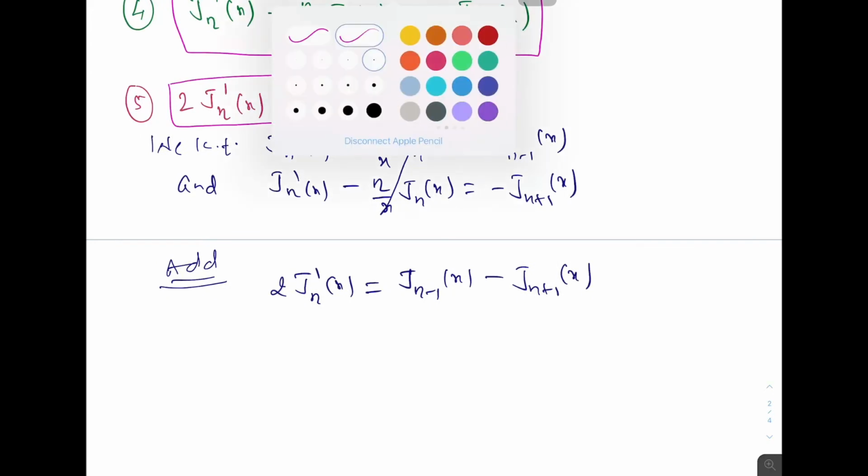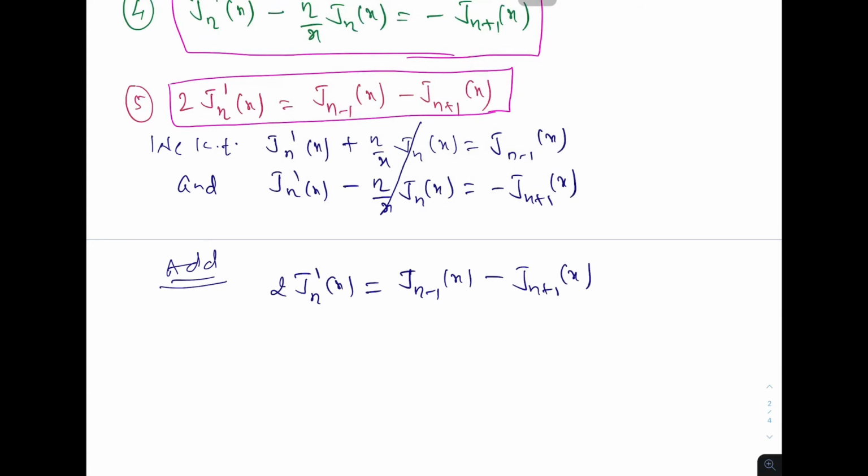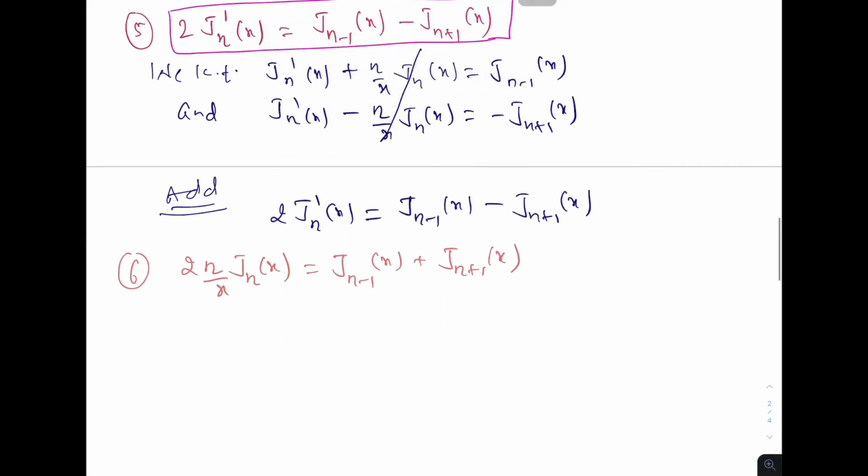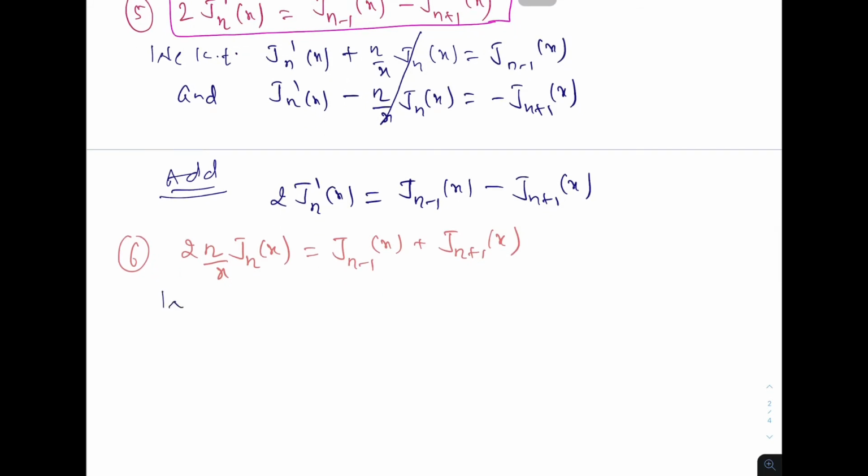And there is one more result that we are having, and it is nothing but 2 times n by x Jnx equal to J n minus 1 x plus J n plus 1 x. So this is also a simple result to prove.